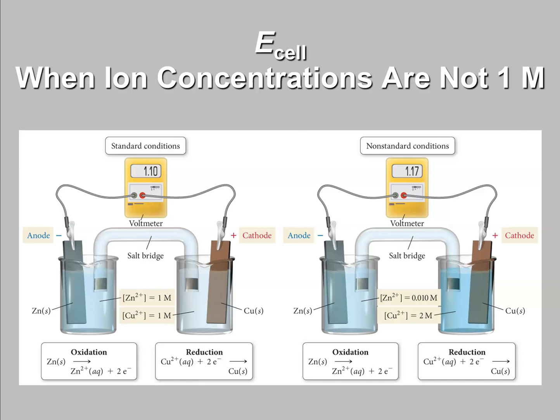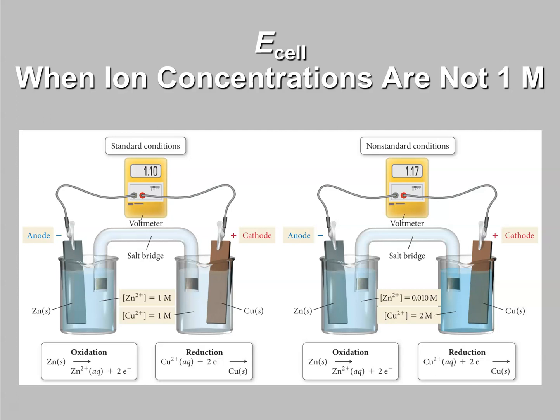So the left hand side, standard conditions, 1 molar of each zinc and copper ion. The right hand side, we have zinc at a lower concentration than 1 and copper at a greater concentration than 1. So the only way to increase zinc concentration in solution is to oxidize it, and the only way to lower the concentration of copper ion in solution is to reduce it.